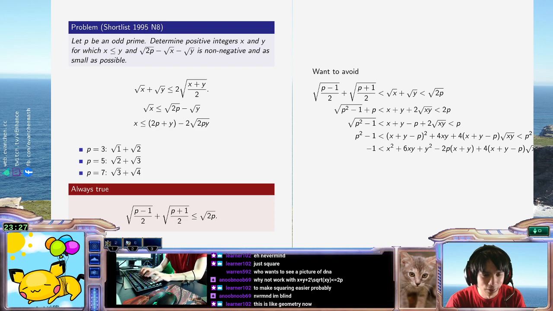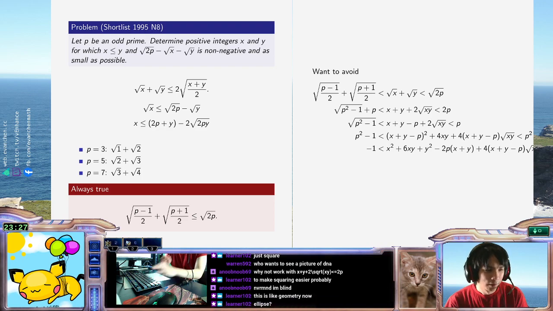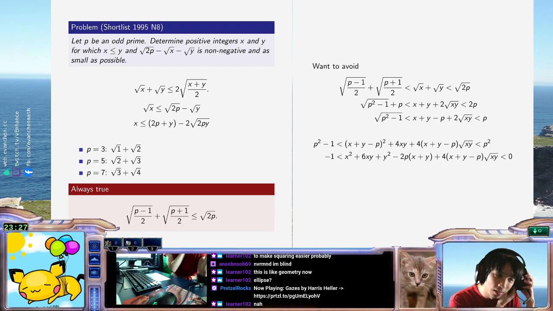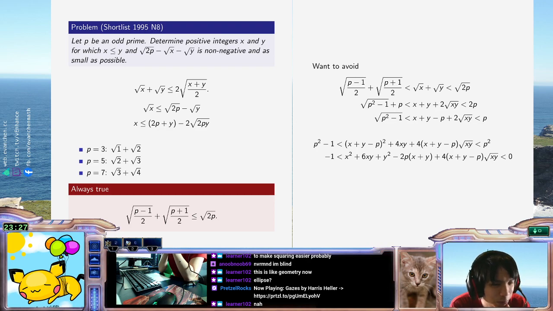I mean, I can make it fit on the line by rearranging these things. Alright, I don't like it. I feel like I should be able to do something better than this.